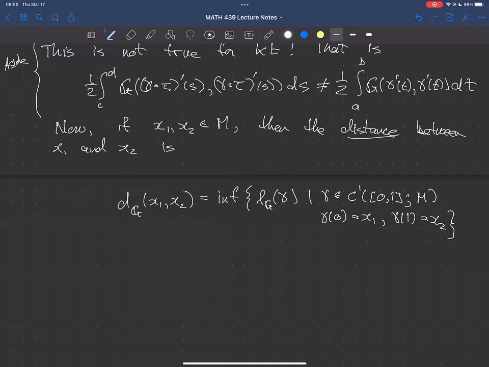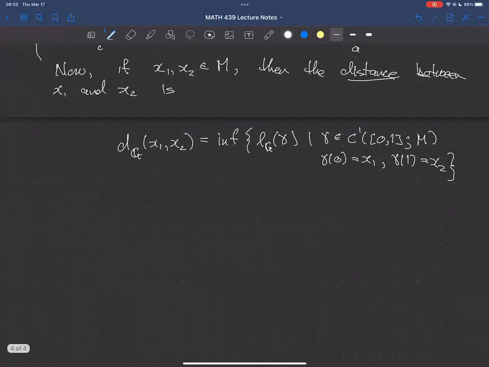So that's how I define the distance between two points. I take all the curves which connect x1 and x2 and their lengths, and I take the infimum of those lengths. And so, let me give you a question that you might ask: is this infimum always achieved? And the answer is no. There are very simple examples to illustrate that.